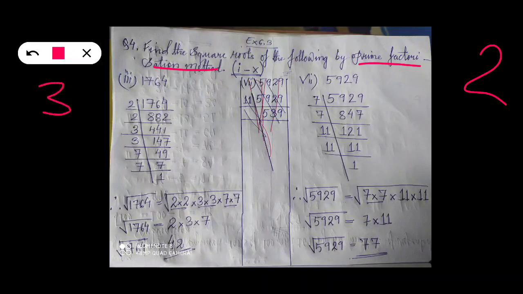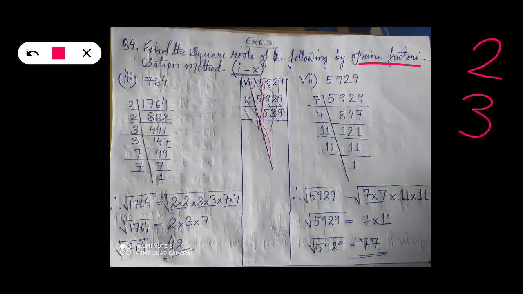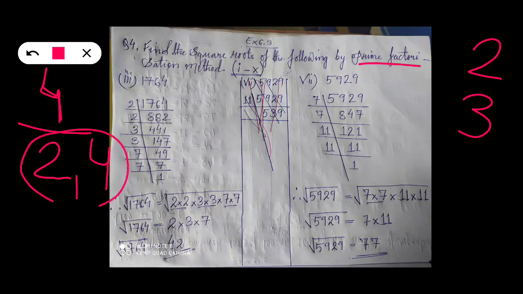Now let me check 3. 3 can be divisible only by 3. So that's why 3 is a prime number. Now let me check 4. 4 can be divisible by 2 and 4. That means 2 factors are there. That's why 4 is not a prime number.